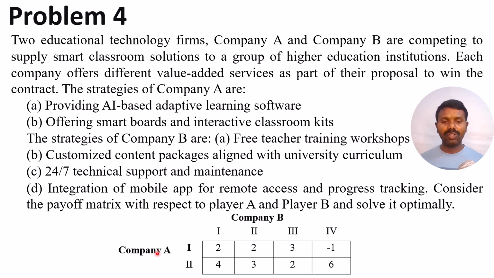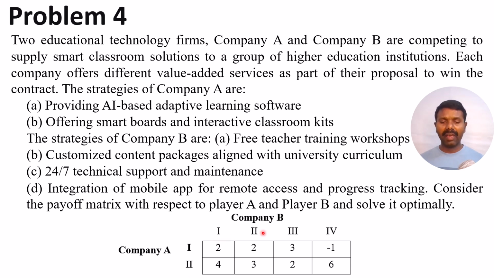So here they have also given the relation between company A and company B with the payoff matrix, and they have also given the first strategy for player A, that is nothing but providing AI based adaptive learning software, and the second strategy for player A is offering smart boards and interactive classroom kits.